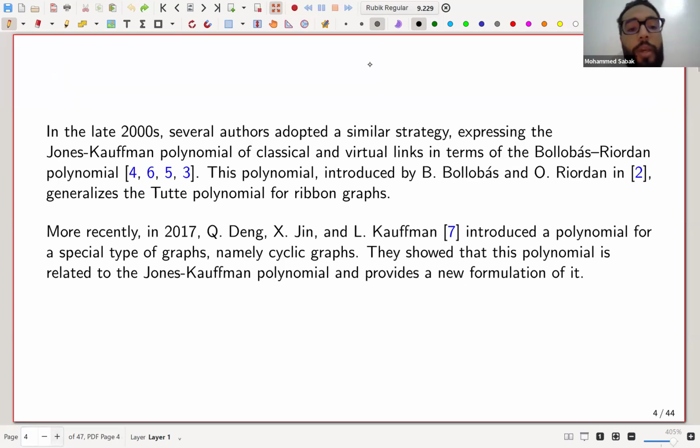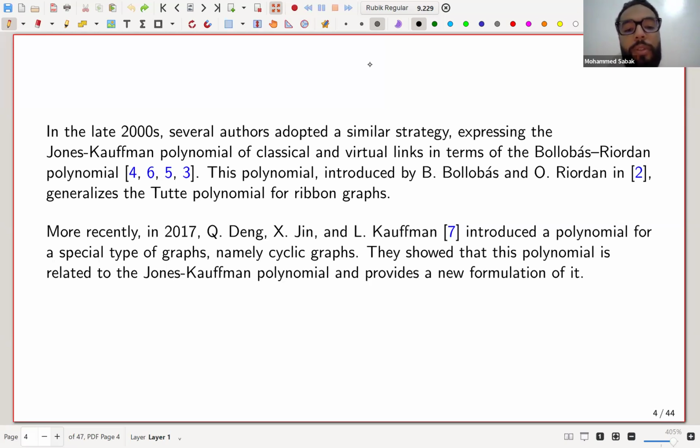Then in the late 2000s, there were many works dealing with this combinatorial approach for virtual links, and the authors used the Bollobás-Riordan polynomial, which is defined for ribbon graphs.